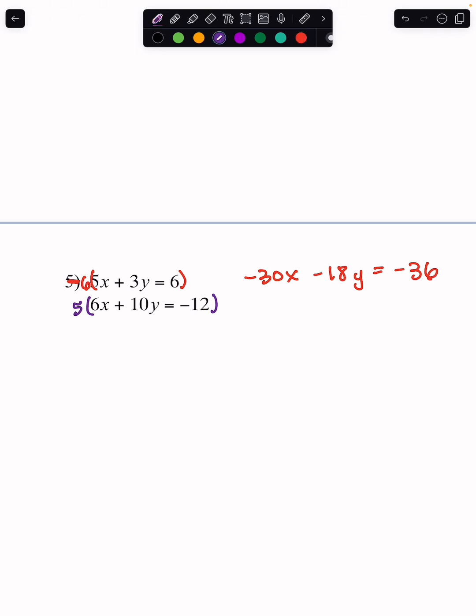Positive 30x. 5 times 10y is 50y. And then 5 times -12 is -60.